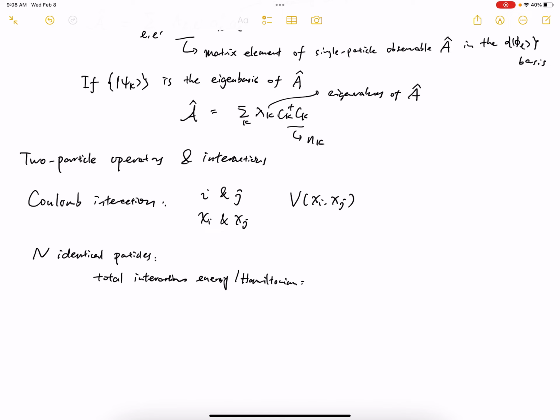This is going to be given by, let's use a curly V as our standard notation, since the curly ones correspond to the many-body version, the sum of the interaction energy for each pair of particles. So we sum over all i and j, and take V of x_i, x_j.